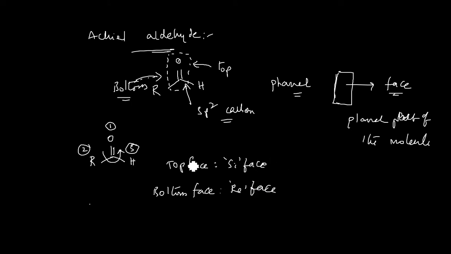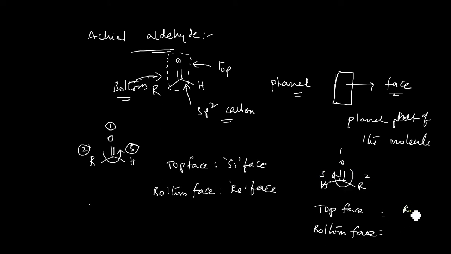Suppose you have a substrate like this, and again there are 2 faces you can observe here, the top face and the bottom face. Again give the notation with priorities according to CIP rules. So the top face is the Re face and the bottom face is the Si face.